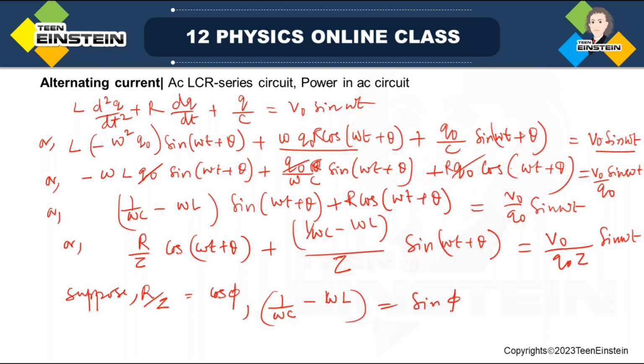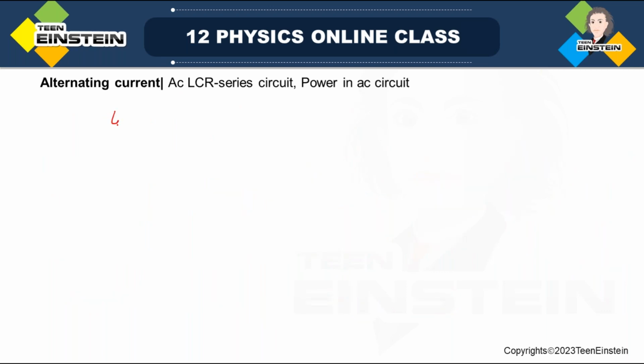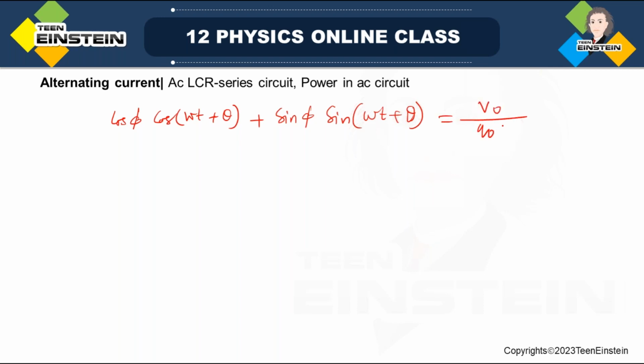So if I put R by Z as cos phi, cos of omega t plus theta, and that part, 1 over omega C, I have written as sine phi, and sine of omega t plus theta, is equal to V0 by Q0 Z sine of omega t.